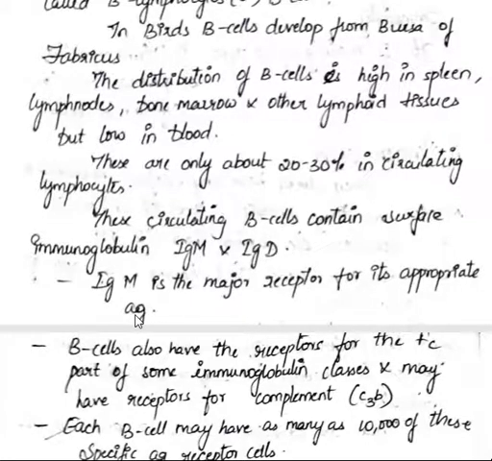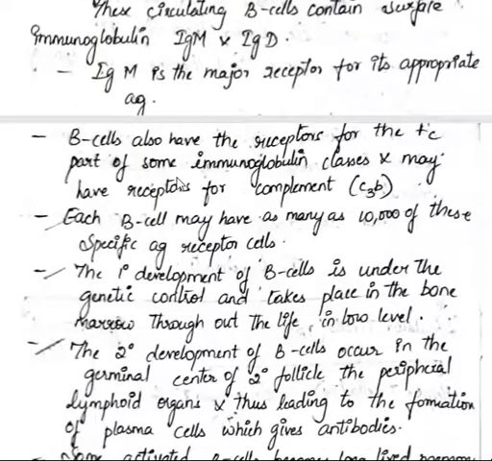This is the reason why a recent infection is identified by the presence of IgM majorly, because this is the one which immediately reacts with the antigen. Then, these B cells also have receptors on their surface such as Fc, the fragment crystallizable part of some immunoglobulin classes, and may also have other receptor components like C3b.